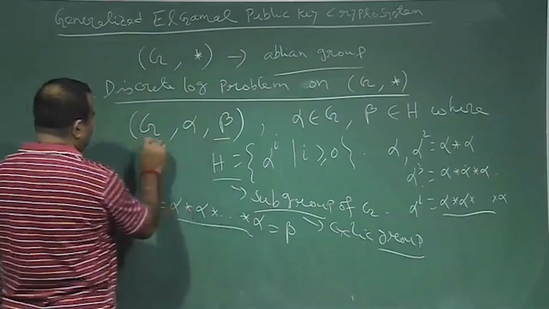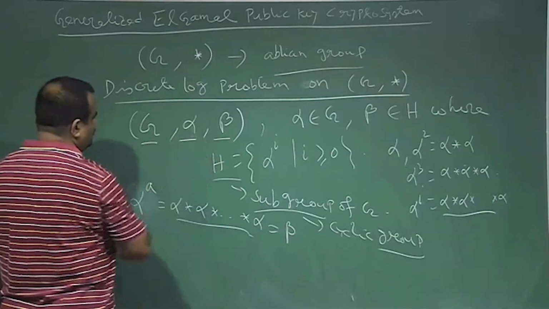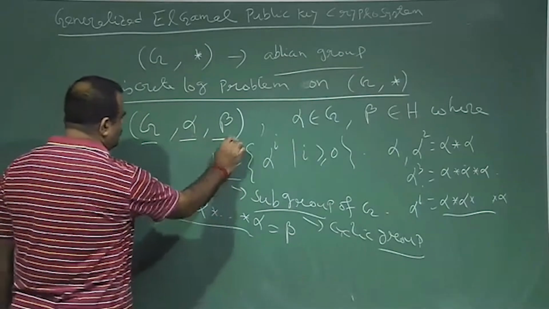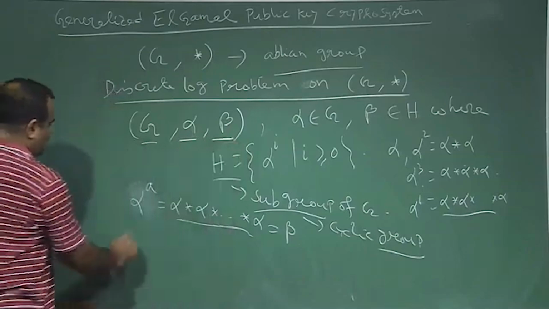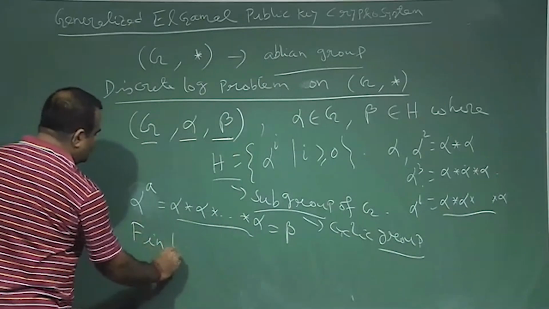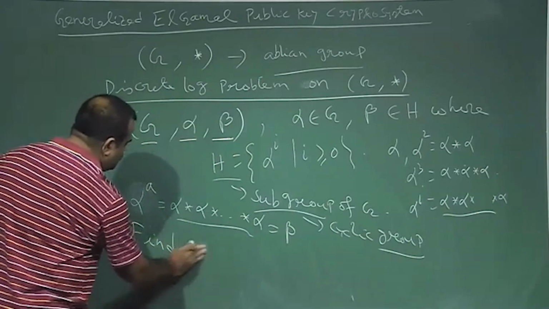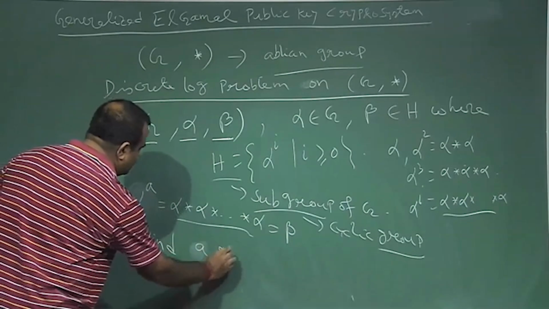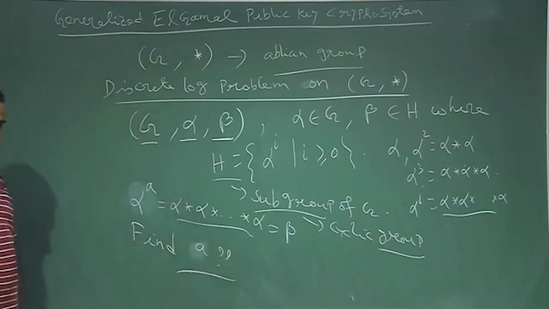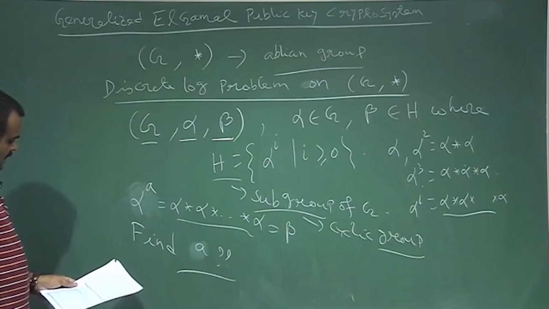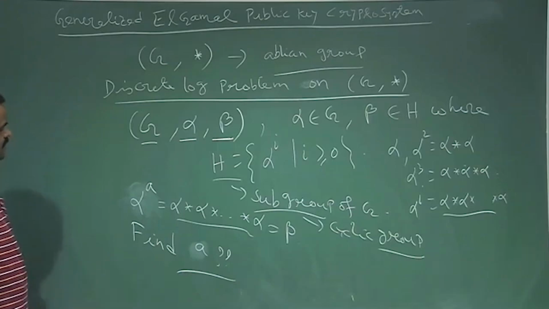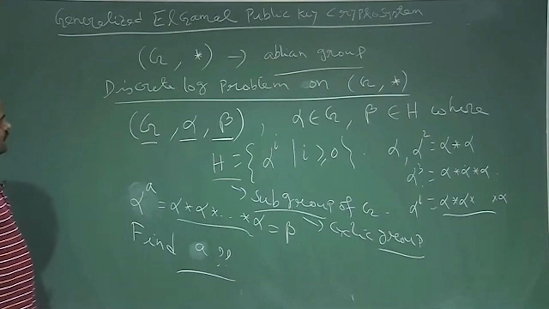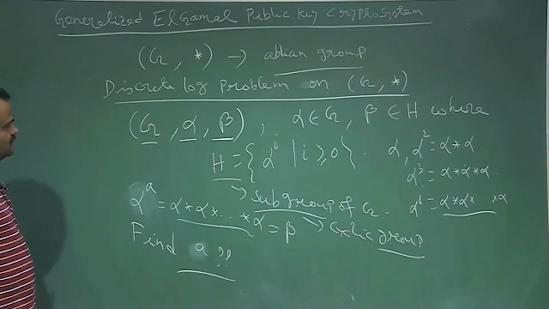So we are given the group G, the generator, and beta, and the question is to find a. That is the discrete log problem, and it is hard. If it is hard, then we can think of an ElGamal crypto system based on this.